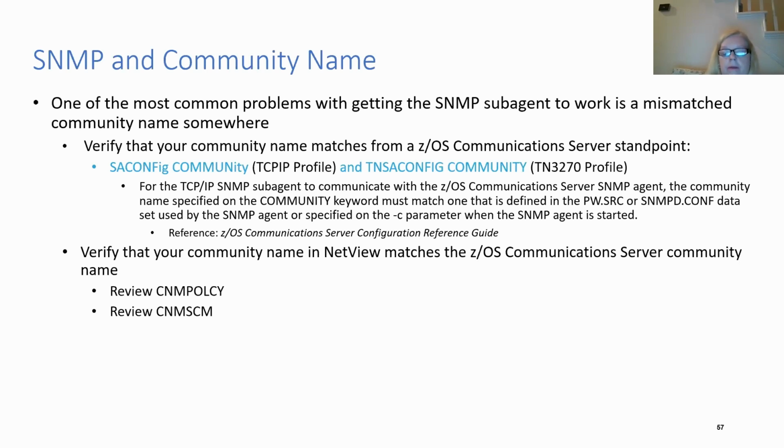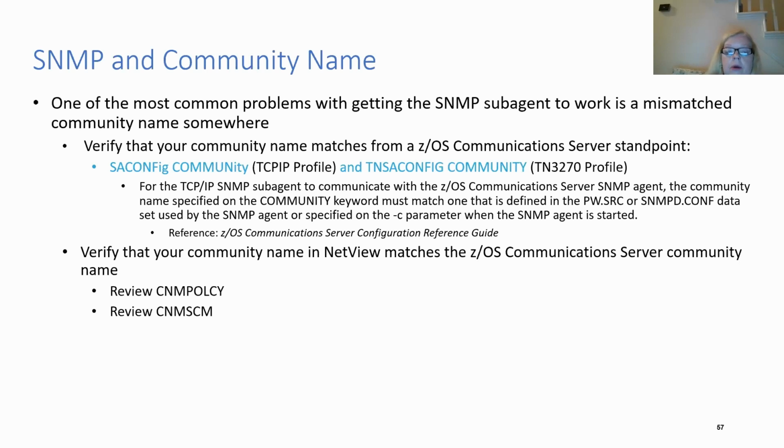And this bullet that I've cut and pasted here from the z/OS Communications Server Configuration Reference guide basically says that the community name specified on the COMMUNITY keyword must match one in the PW.SRC or SNMPD.CONF data set used by the SNMP agent, or specified on the -c parameter when the SNMP agent is started.